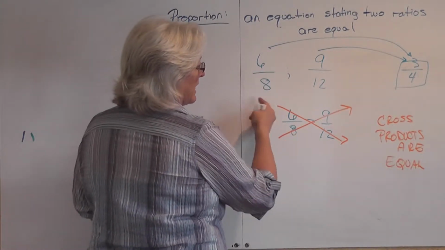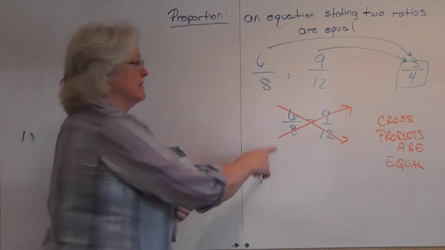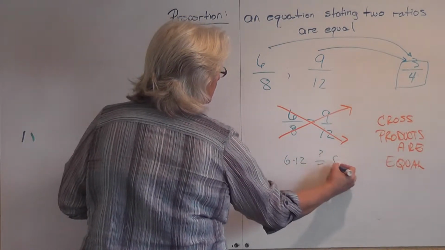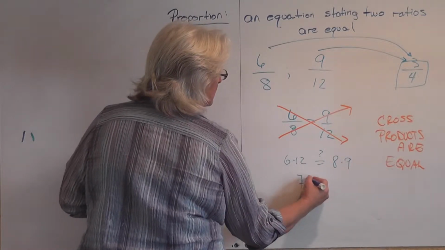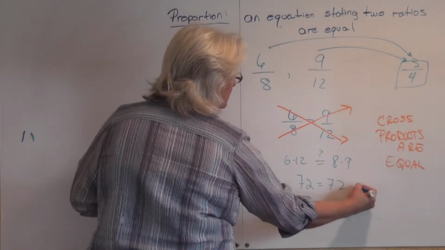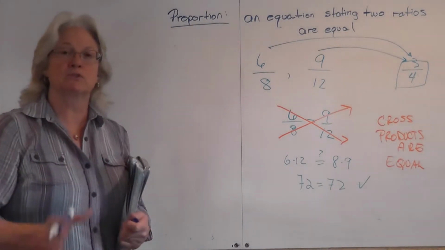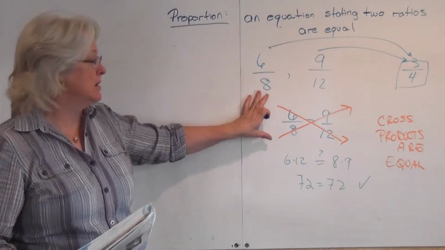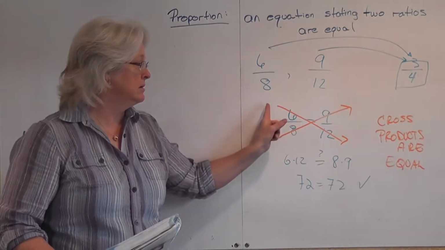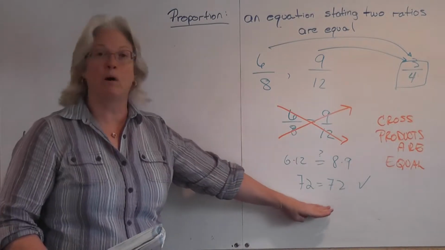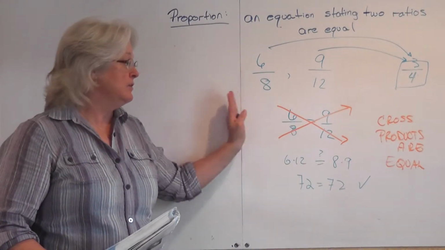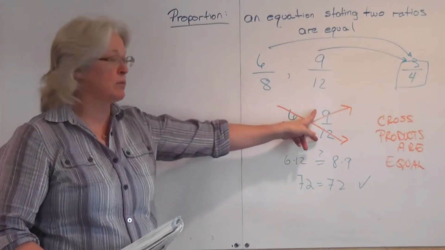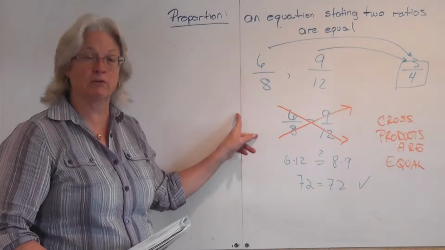Multiply, that's sort of like going catty corner across a 4-way stop sign. 6 times 12. Is that equal to 8 times 9? Yes, 72 is equal to 72. So when you have a proportion set up, the cross products here always have to equal the same value. If you get a different number here, then remember that's how we could tell that we did not have equivalent fractions, because the cross products were different.